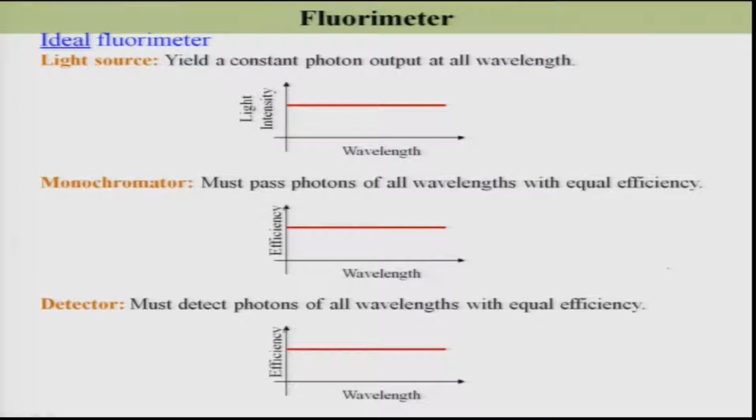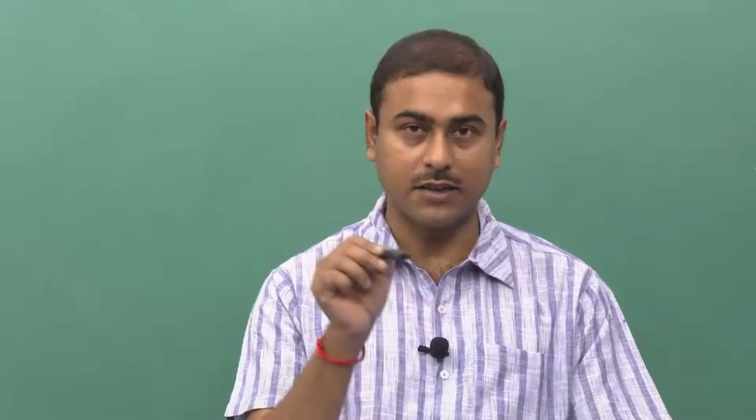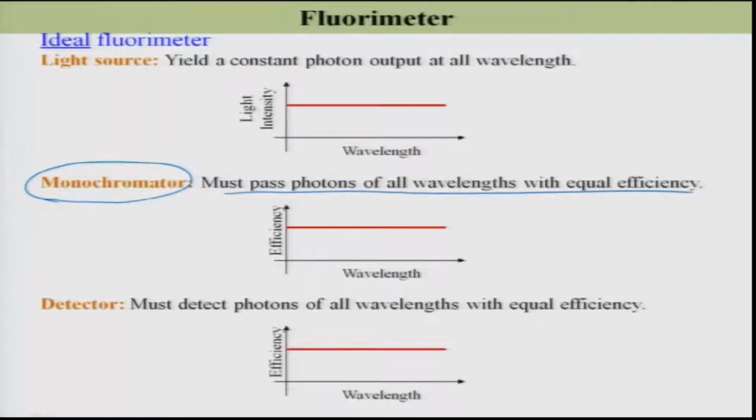An ideal monochromator must pass photons of all wavelengths with equal efficiency, but in actuality it does not. Ideally it should be a straight line, but in reality it is something like this. Here the efficiency of this particular wavelength to pass through the monochromator is more compared to this wavelength and this wavelength.